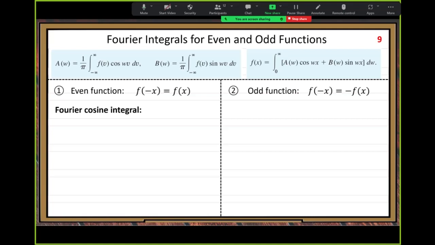Even times odd is an odd function. So the new function is an odd function, but you take the integral of an odd function from negative infinity to positive infinity, symmetric about the y-axis, it's 0. Why?